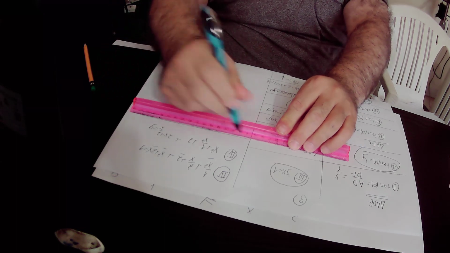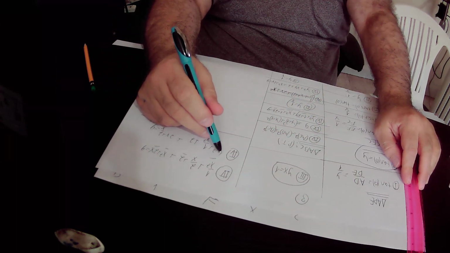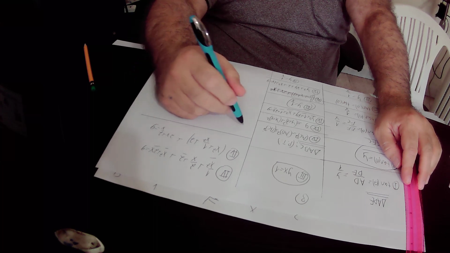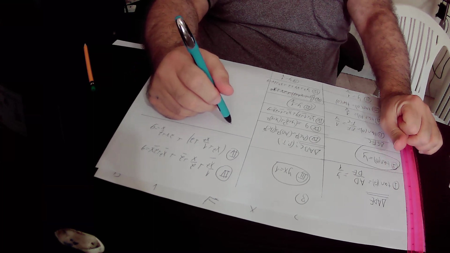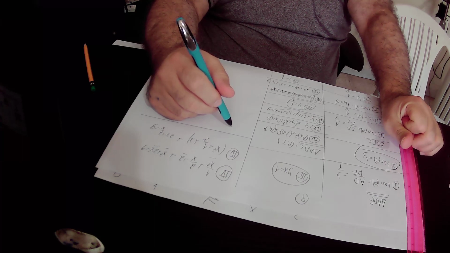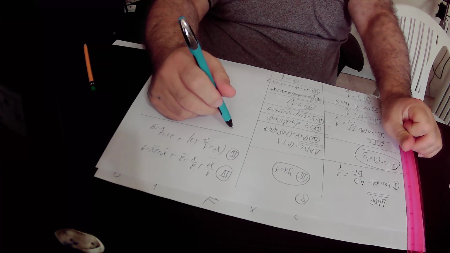Here x squared plus 1 over x squared plus 2 is (x plus 1 over x) squared.